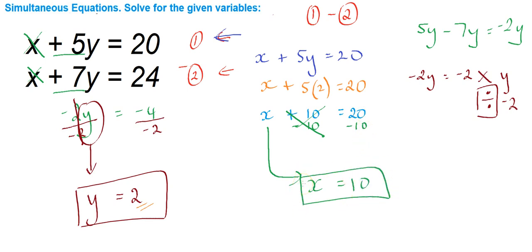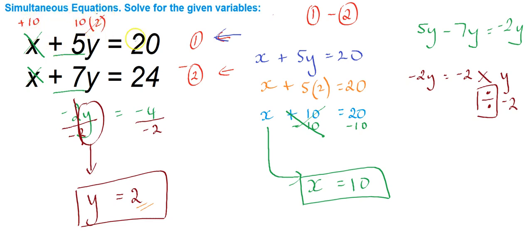Now, what I should do is check, and I check by substituting back into the original equations. So it's not x anymore, it's positive 10. And it's not y anymore, that's positive 2. So it looks like this: 10 plus 5 times 2. Positive 5 times 2 is positive 10.